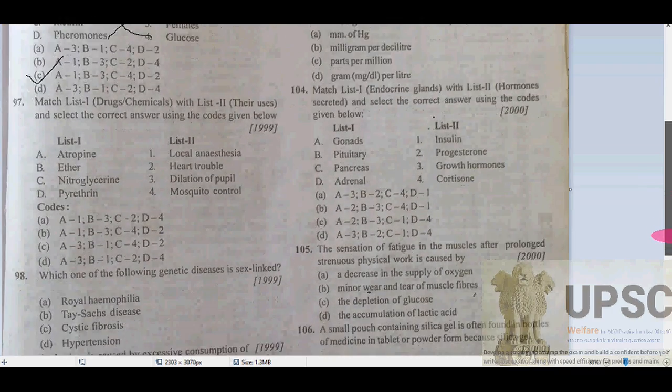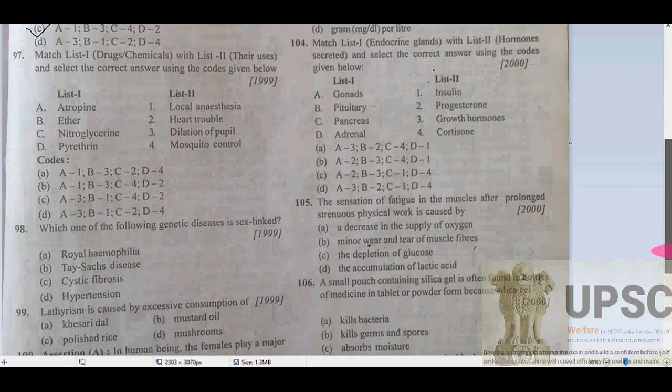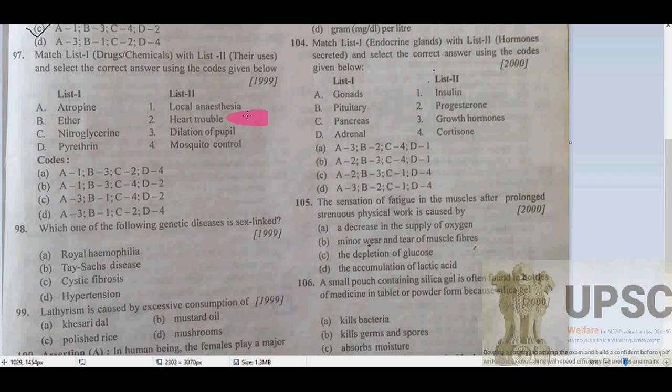97. Match the drug chemicals with the list 2 of their uses, and select the correct answer. Atropine is used for dilation of the pupil, so A is going to be 3. Now, for D you have the choice.